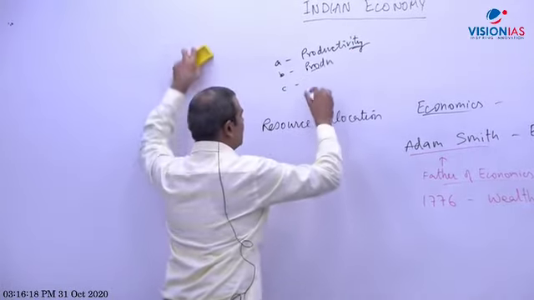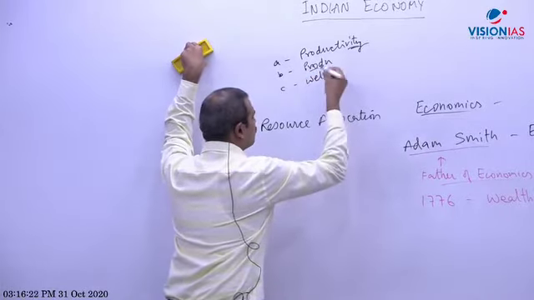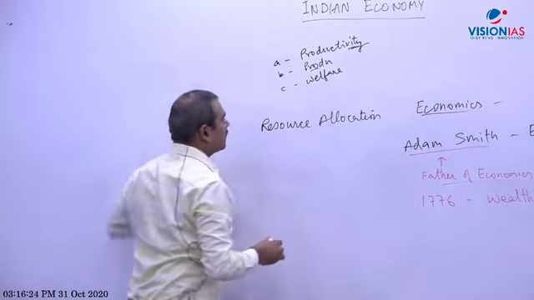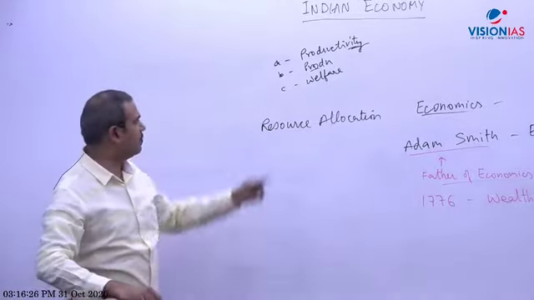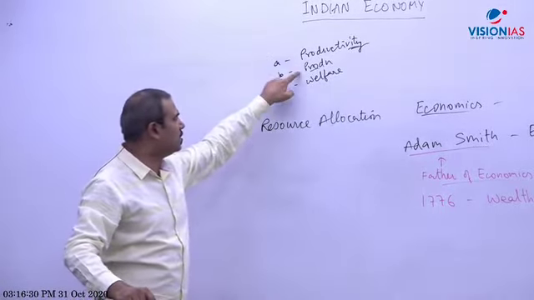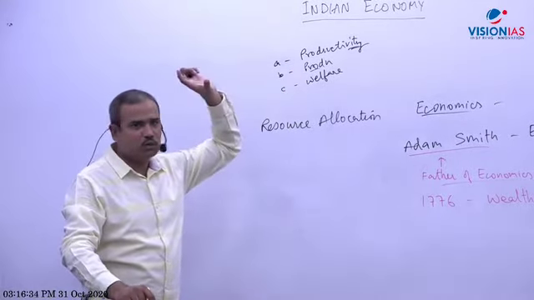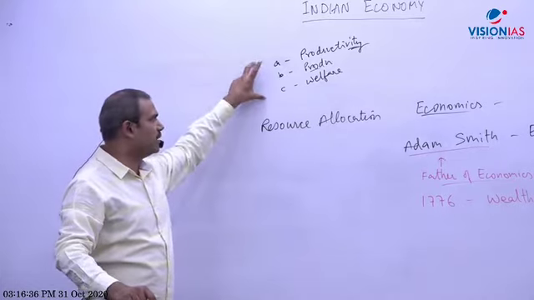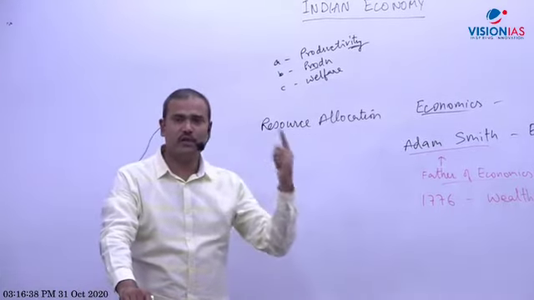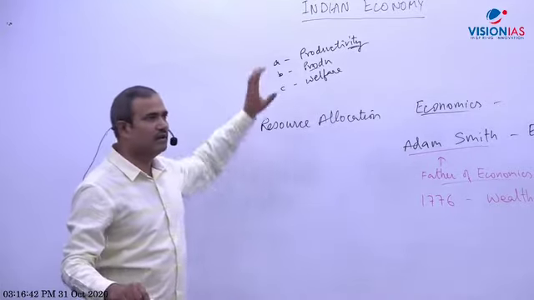And the third thing is welfare or social welfare. So maximize productivity, or maximize production, or maximize welfare. Out of three options, which one is most appropriate here? Which one do you think is optimal allocation of resources? Please respond to this.